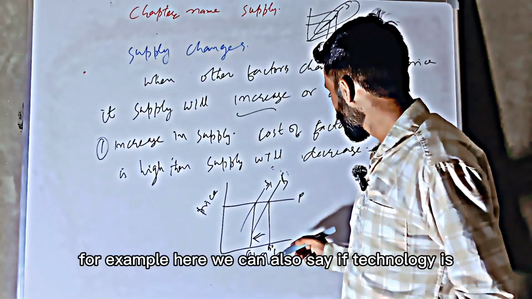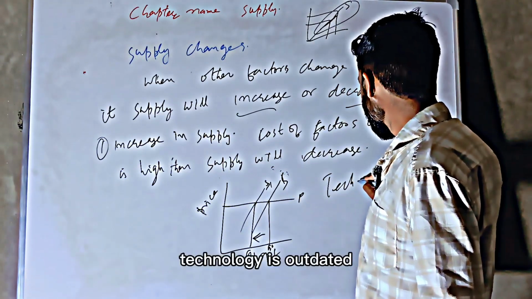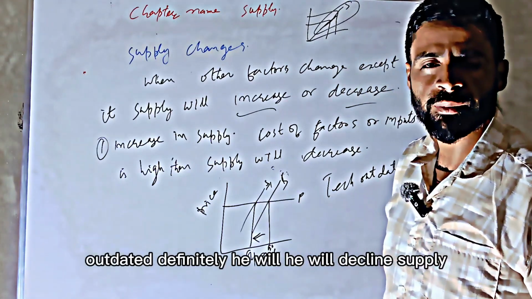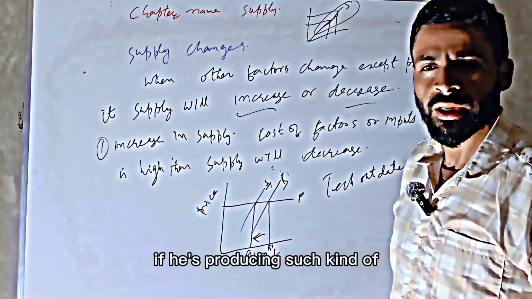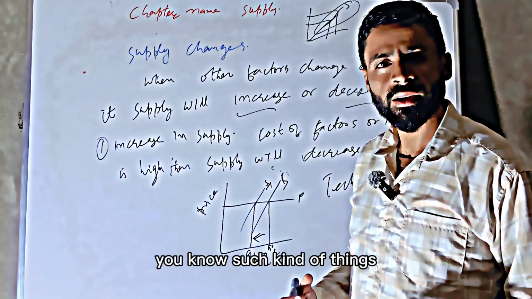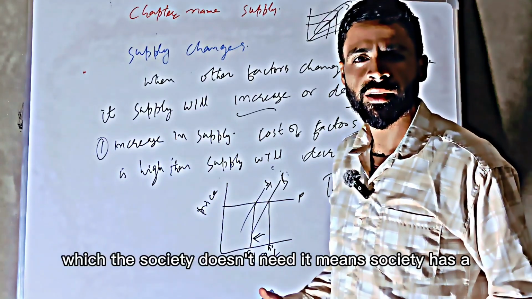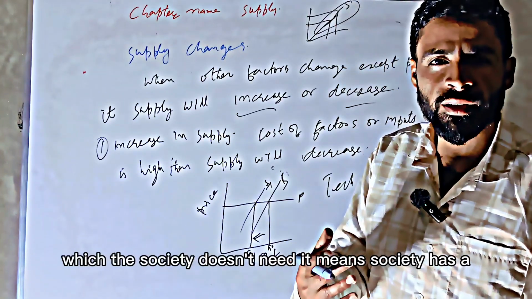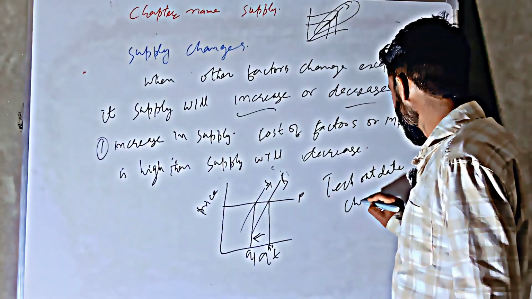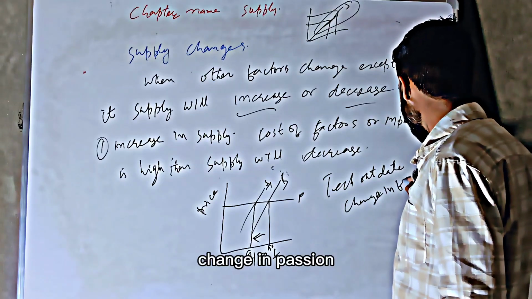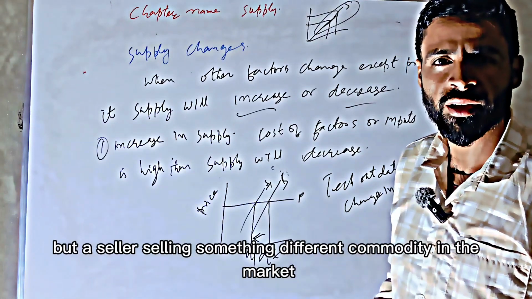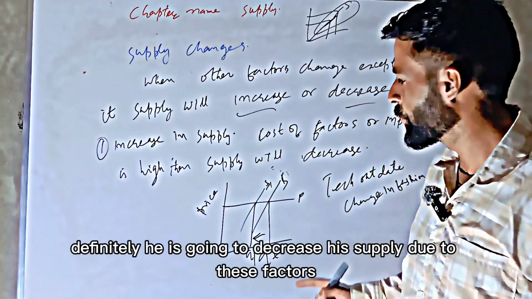For example, here we can also say if technology is outdated, definitely he will decline supply. If he is producing such kind of things which society doesn't need, it means society has changed their taste, trend, fashion. Change in fashion, but the seller is selling a different commodity in the market, definitely he is going to decrease his supply due to these factors.